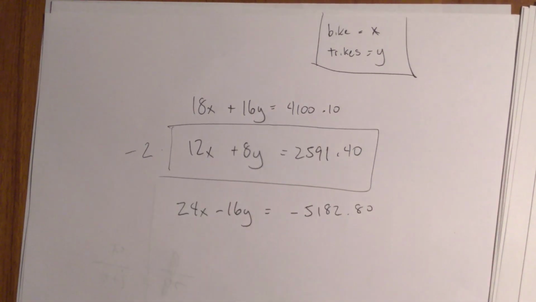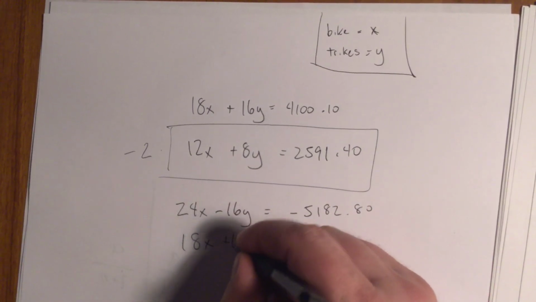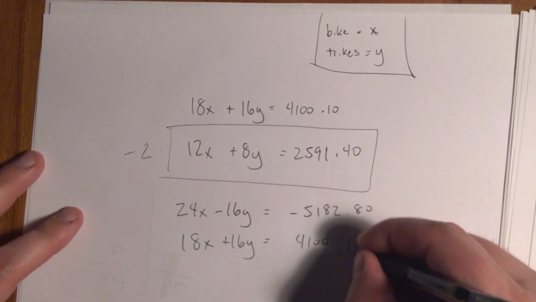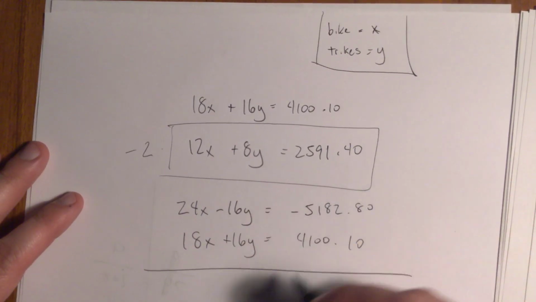I did that in my head. And I'm going to combine it with this: 18x plus 16y equals 4,100.10. So that's one way to do it. Take it, combine it, and see what you get.